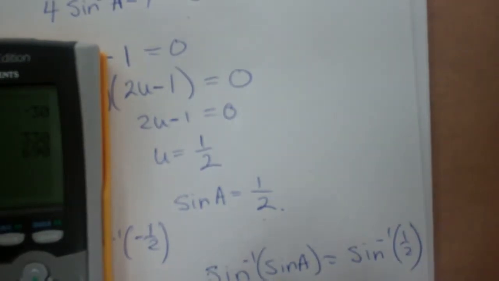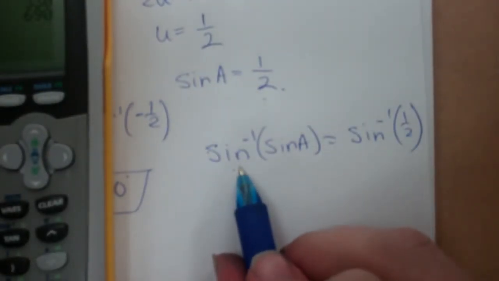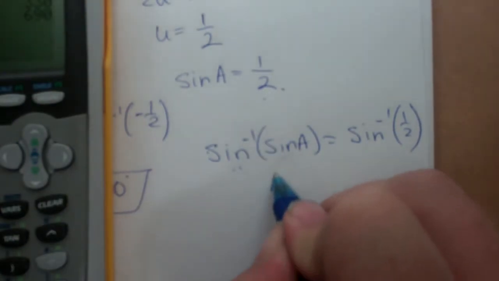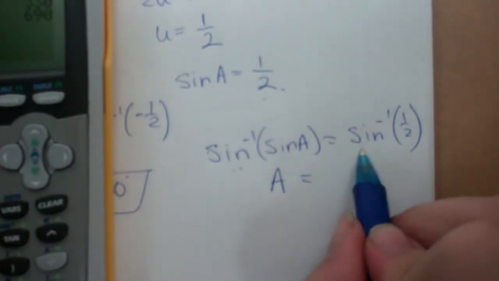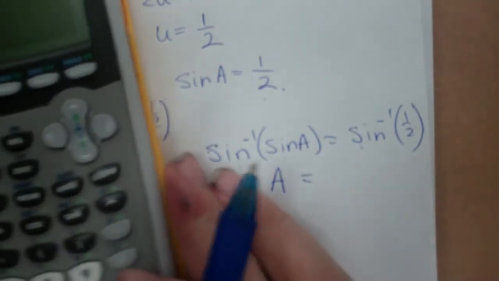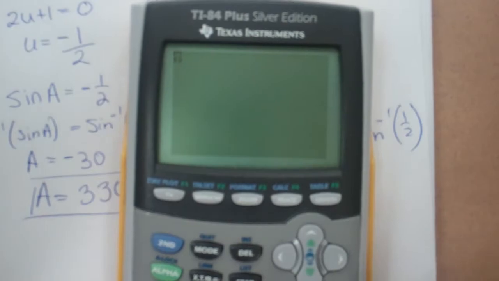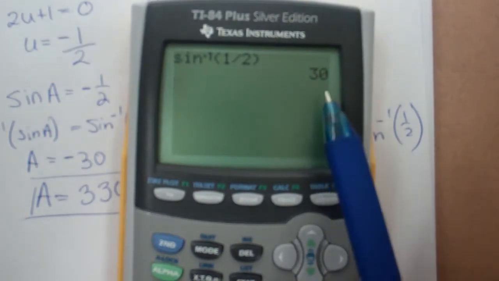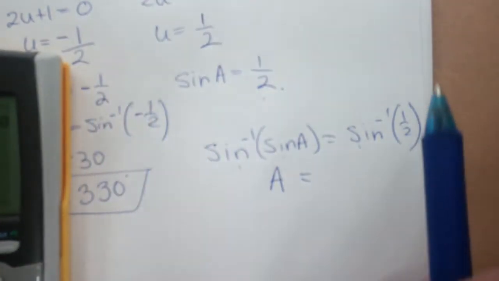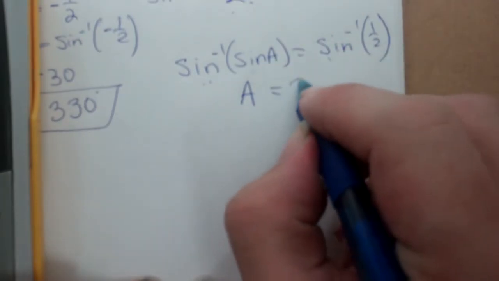The inverse sine of the sine of a is just a, is equal to the inverse sine of 1/2. Let's see what that gives us. The inverse sine of 1/2 comes out to be 30, something that you should have known because 30 is a special angle.